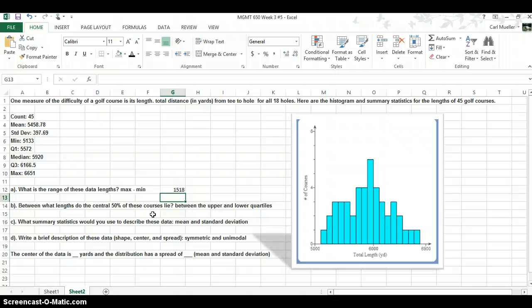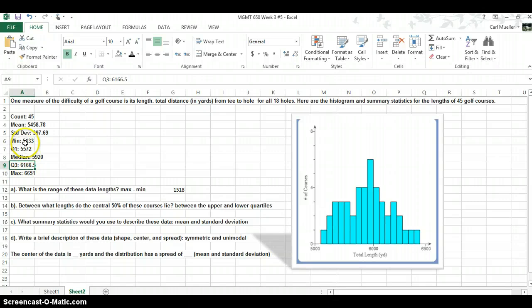Our next question: between what lengths do the central 50% of these courses lie? Remember, we were talking about this earlier in terms of quarters, between the upper and the lower quarters. Quarter 3 is that 50th to 75th percentile, the third quarter, remember?